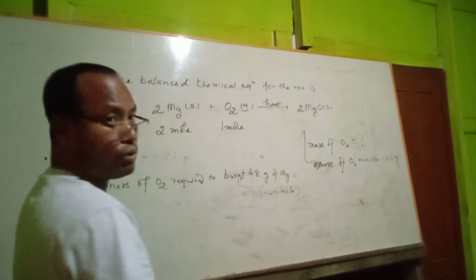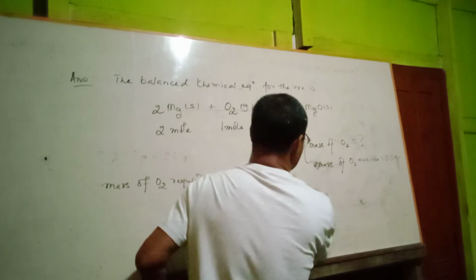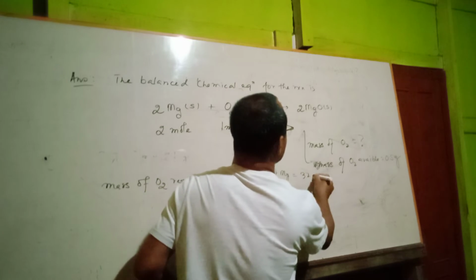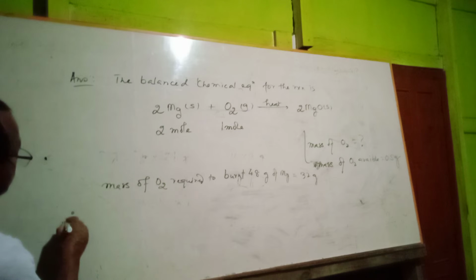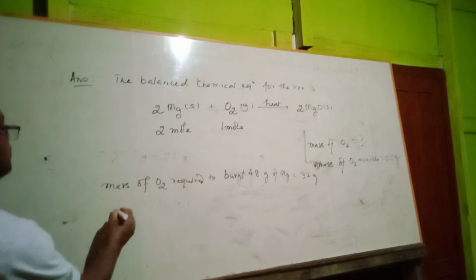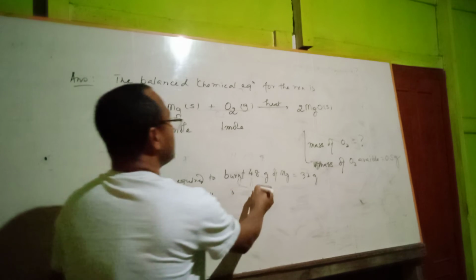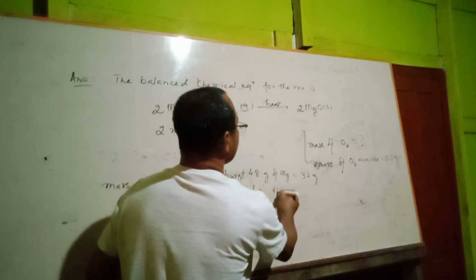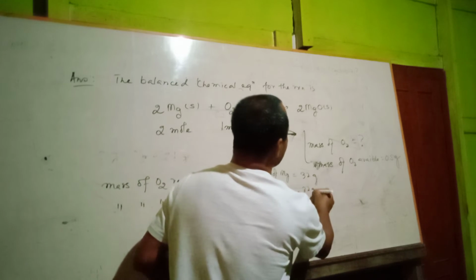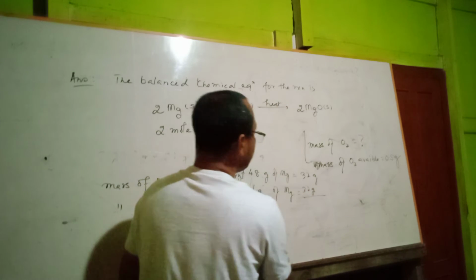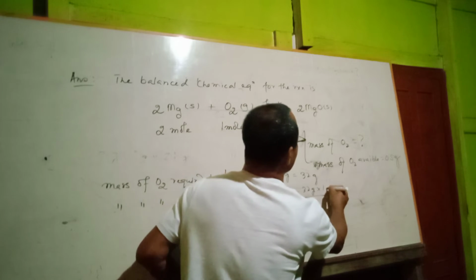How much is given here for oxygen? 32 gram, right? So now we are going to calculate this. Let me write it in long form. Mass of oxygen required to burn 1 gram of magnesium is 32 gram divided by 48 gram, multiplied by 1 gram.